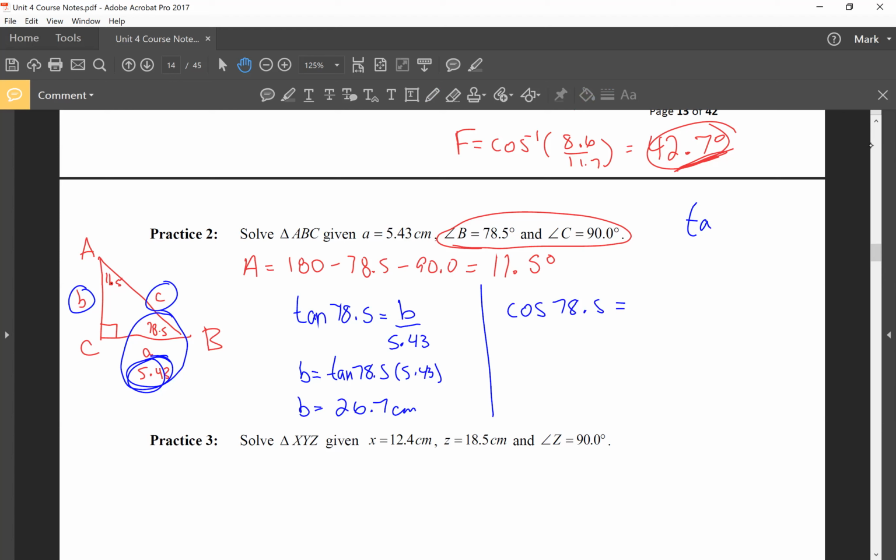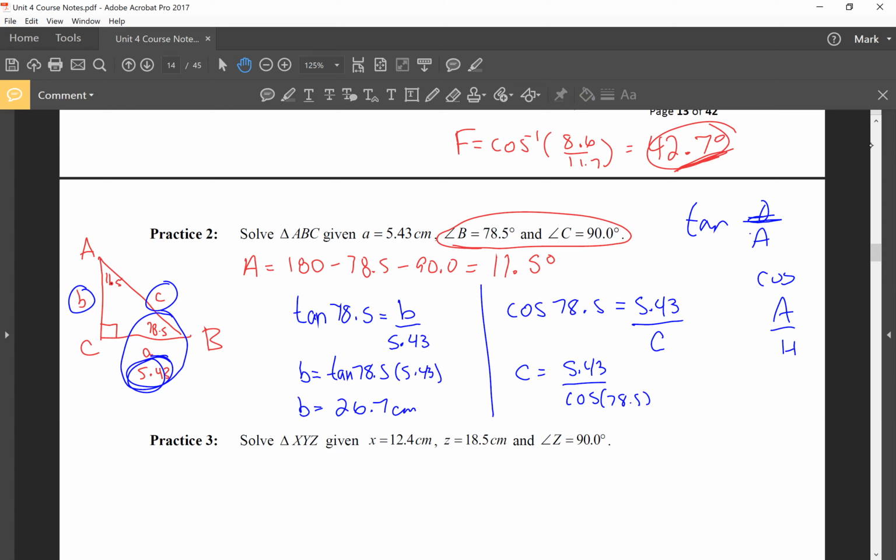by the way, tangent is opposite over adjacent. Cosine is adjacent over hypotenuse. So my adjacent is 5.43. My hypotenuse, I do not know, that's C. So I'm going to cross multiply. Solving for C, I get 5.43 over cosine 78.5.